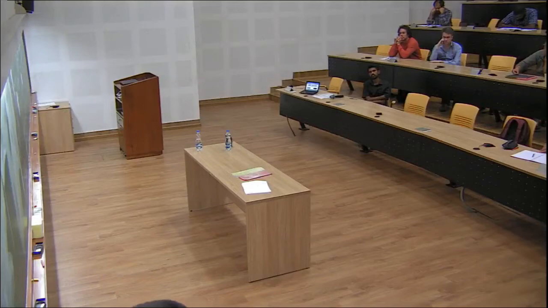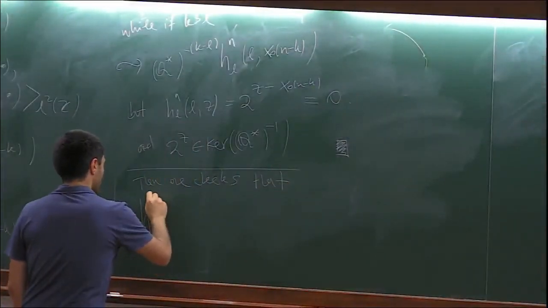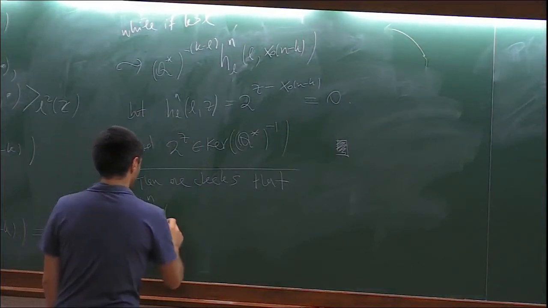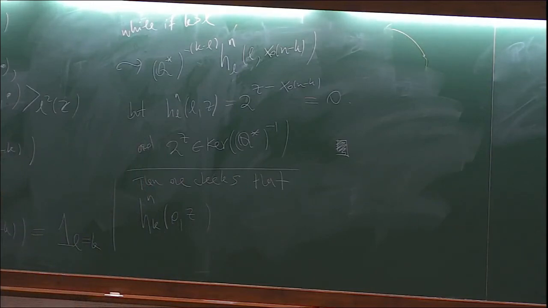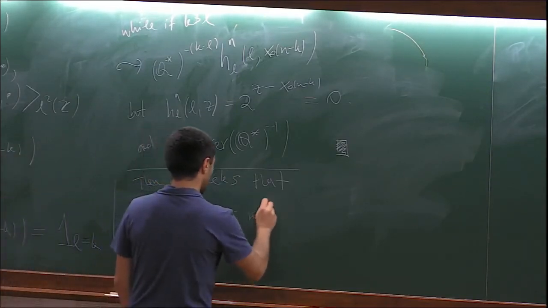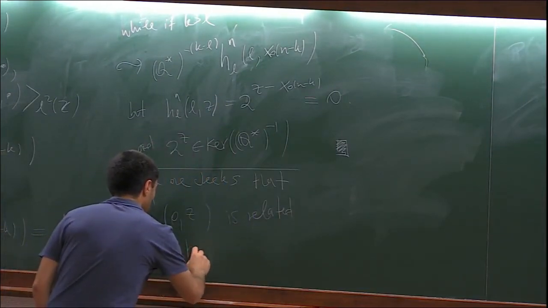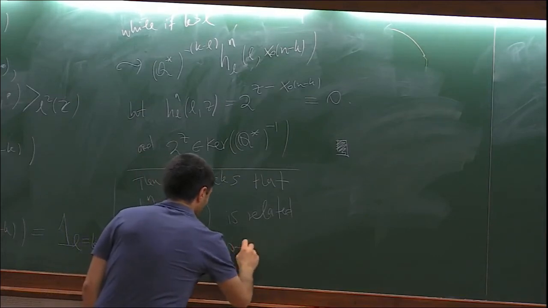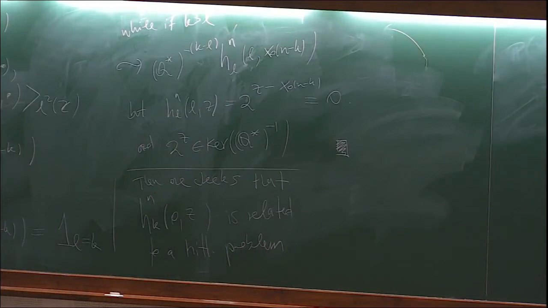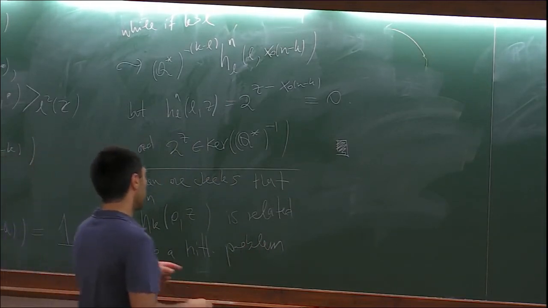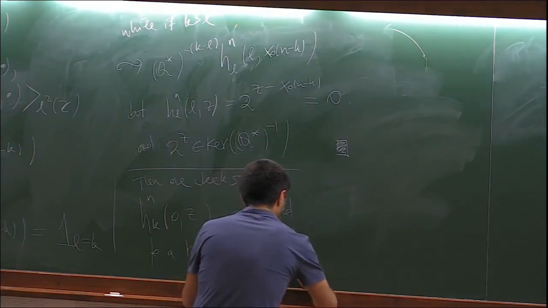Then one checks that H, N, K, 0, Z is related to a hitting time problem. It's almost a bit stupid what I'm saying because that's where it comes from, but you can check exactly what it is, and I don't want to do a calculation because I won't have time. So it's related to a hitting time problem for the random walk.